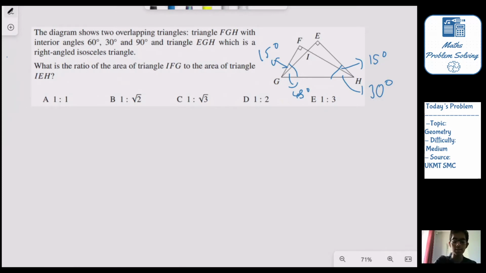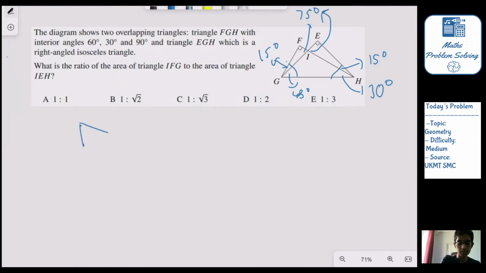So clearly these two triangles have to have something in common, and hopefully you can see now that both of them have 15 degrees as one of the angles, and both of them have a right angle as the other. Therefore this is 75 degrees because angles in a triangle add up, and so is this. So now all three angles are the same, therefore they have to be similar, right?